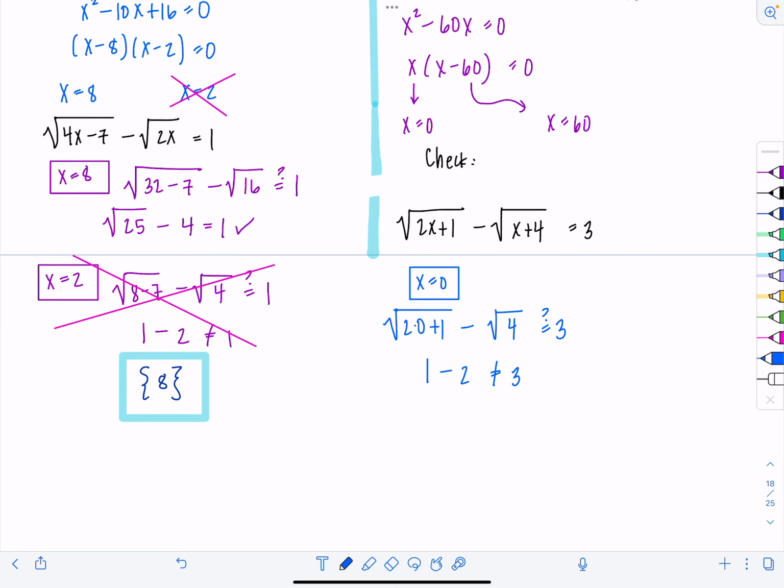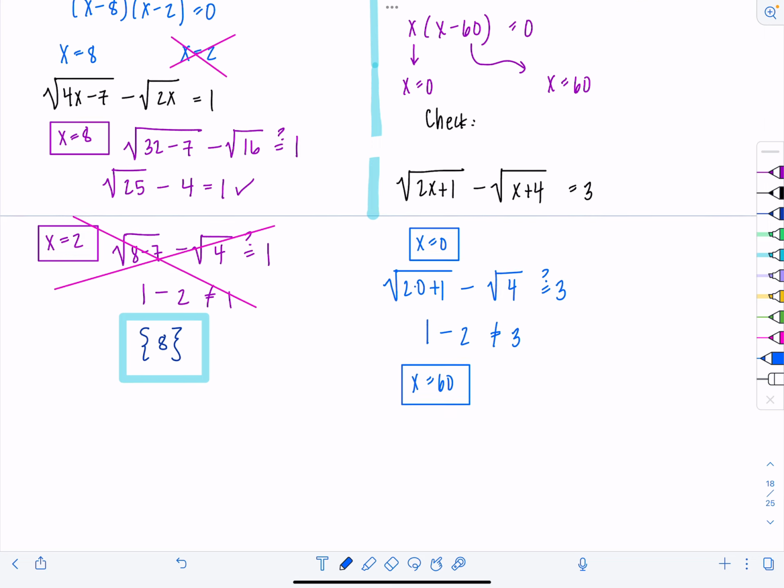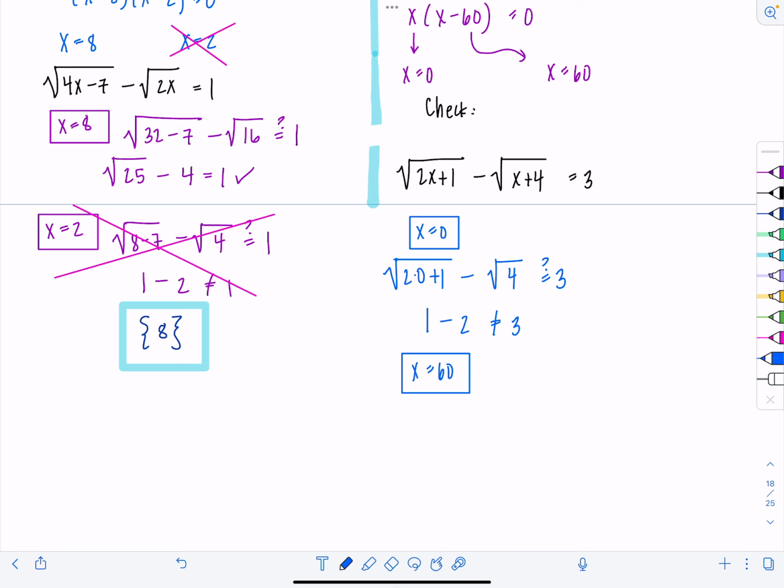Okay, let's check 60. And like I said, sometimes you get no solution, so just deal. Okay, square root of 2 times 60 plus 1 minus the square root of 60 plus 4, that's 64. Does that equal 3? 2 times 60 plus 1, that's 121.